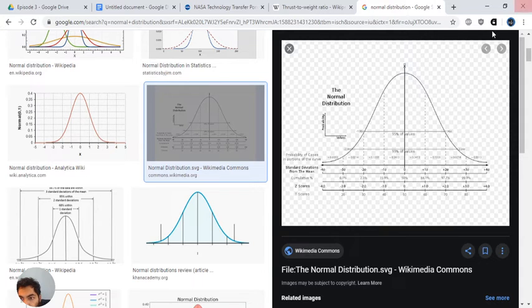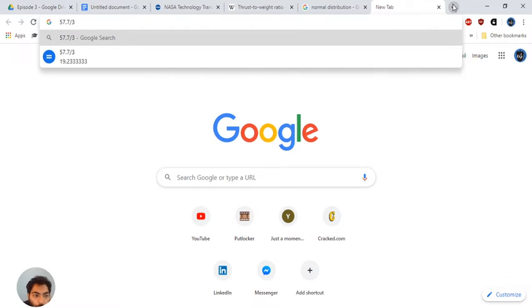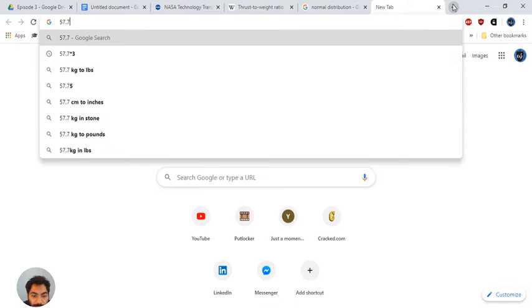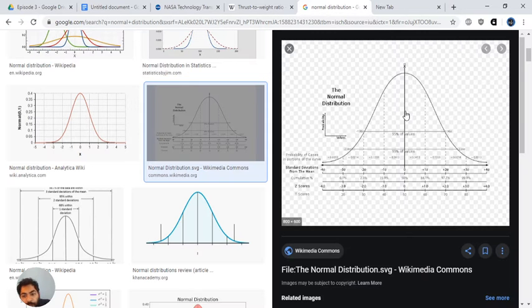If you divide that by 3, you get 19.3, so you are going to carry 19.3 kg right over here.